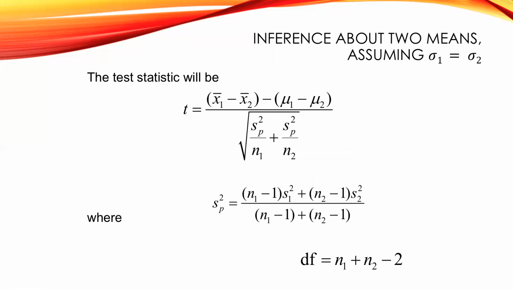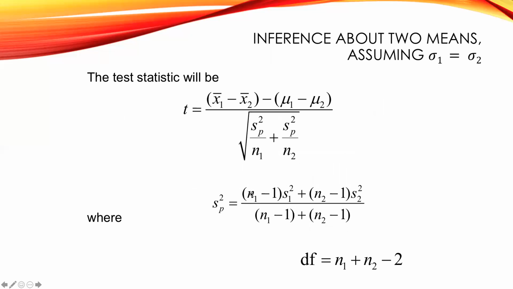Now, if we're assuming they are equal, which is the second scenario of part 2, that means we're going to pool their variances. So this is how we calculate the pooled variance.